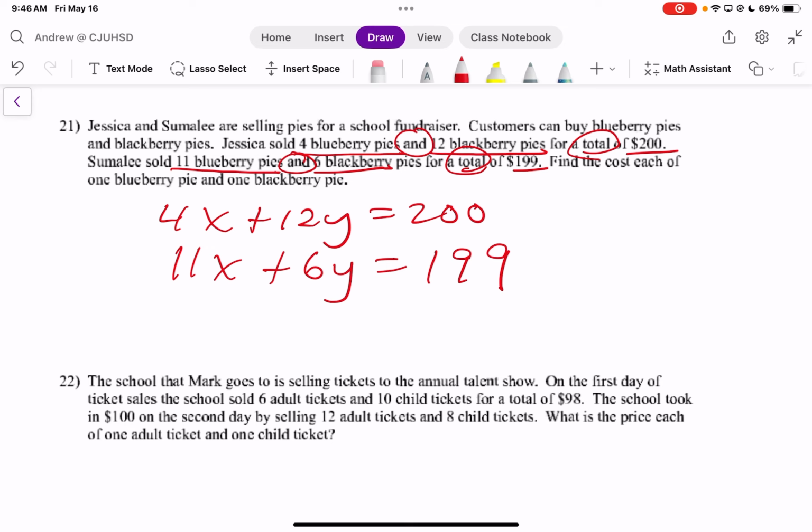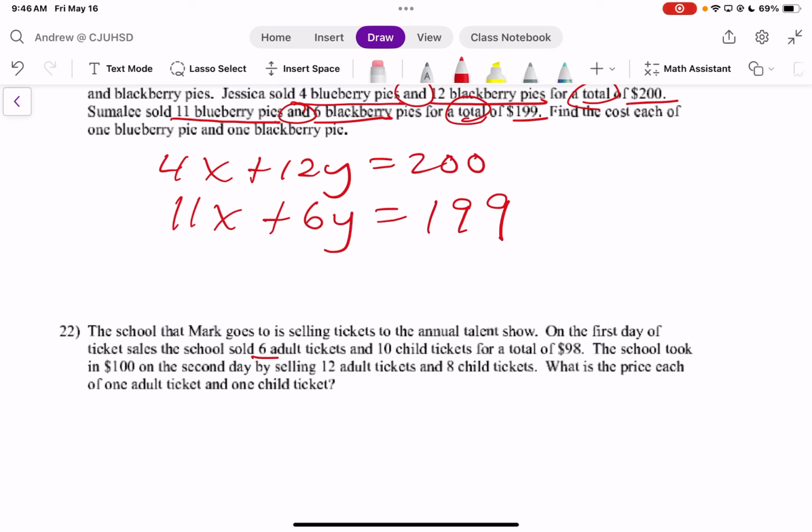So the other one is about a talent show. The stories really don't change. The only thing that changes really are the numbers. So you got 6 adults and 10 children. So if adults is x and children is y, that could be 6x and 10y. And there's the total of 98, so it equals 98.